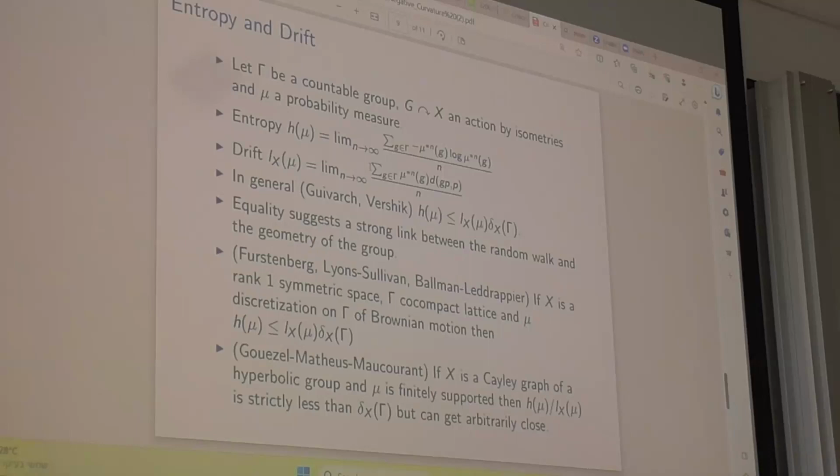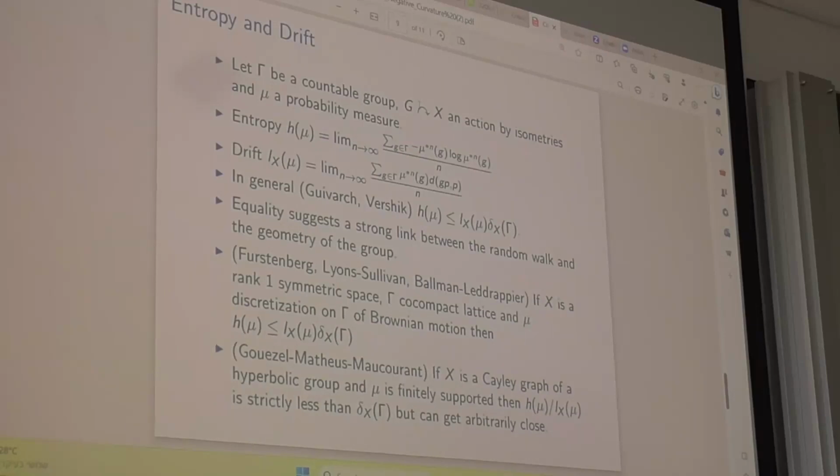This has nothing to do with the action. The drift is like how much on average you get farther from the base point in one step. So u star n is after n steps of the random walk, and then you divide by n.